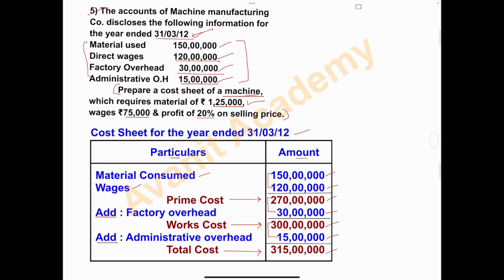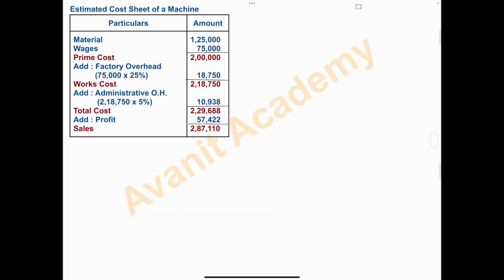But by taking a certain formula and by referring to the previous cost sheet, that is the cost sheet for the year ended 31st March 2012, we can calculate the amount of factory overhead and administrative overhead. Let's prepare the estimated cost sheet of a machine.